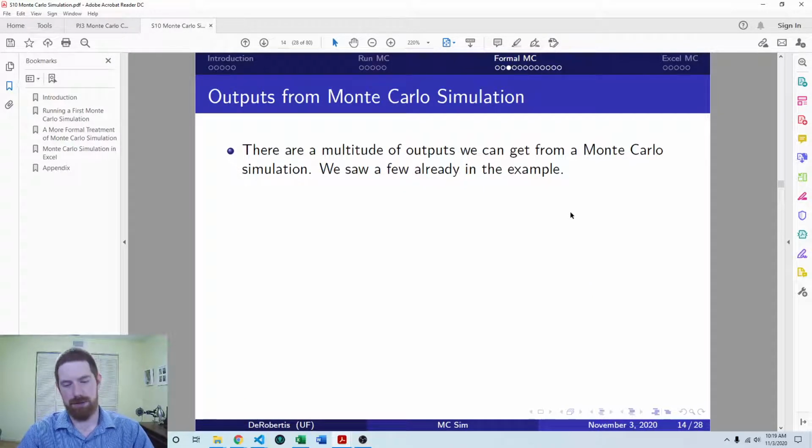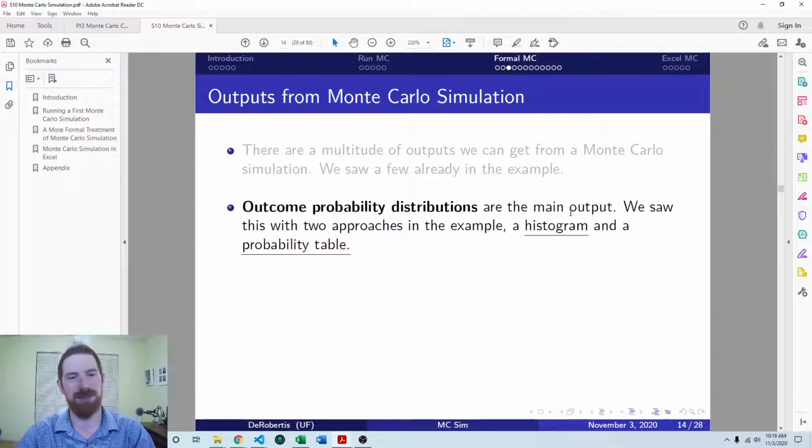So let's say now we've run the simulation and we've got our 10,000 different results from the model. Now, what can we do with those results? There are a few outputs from the analysis and visualization that we can gather. The first category is probability distributions of the output. We looked at two different ways in the prior example of how we can get at this.